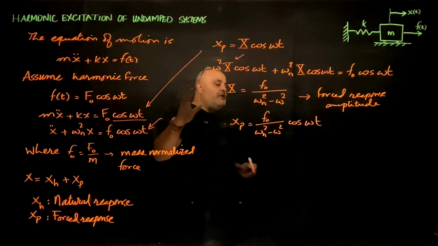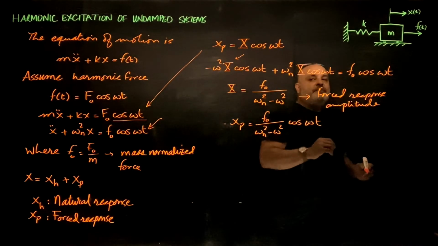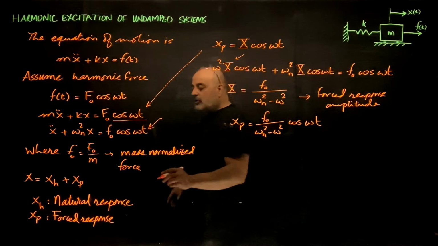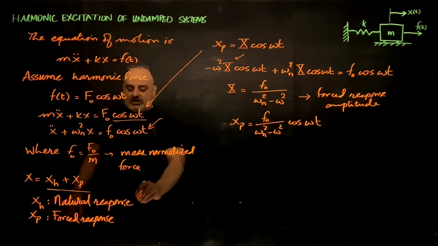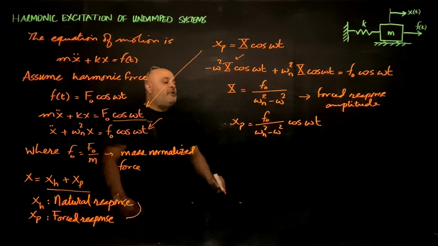Now, the total response is the sum of both the homogeneous and particular solution, or the natural and the forced responses.